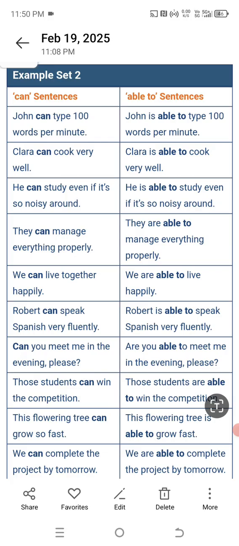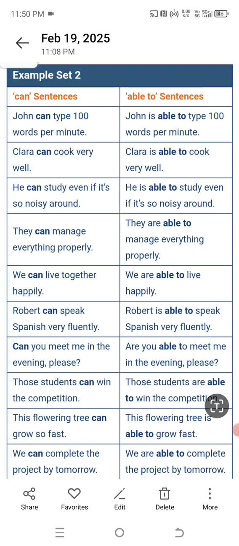They can manage everything properly. Here in this sentence there is a subject and "can" is used, and when the can comes in the sentence, while we are going to use able to, that time we begin our sentence as it is, and after the subject of that sentence we put the correct to be's forms.